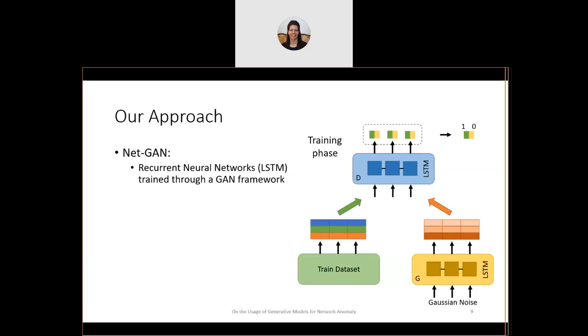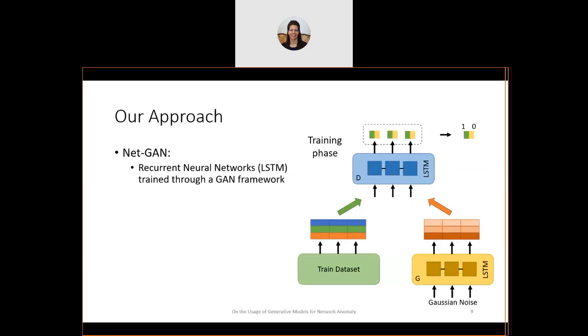With this, we can exploit the temporal dependence, okay, between the sequences. And then the training is the same as in common generative adversarial networks. The only difference is that the generator and discriminator work with sequences at the inputs and outputs.